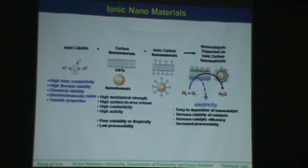And then the property of this material can be tuned simply by controlling the structure of the imidazole moieties. Then we can use this material as a support for nanocatalysts, as a support material for catalytically active materials.